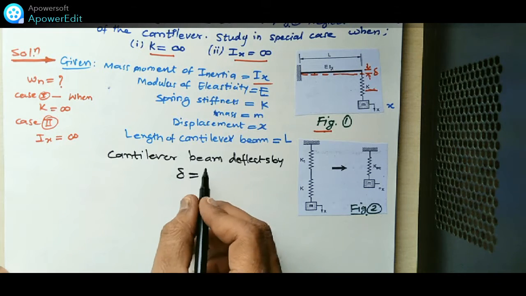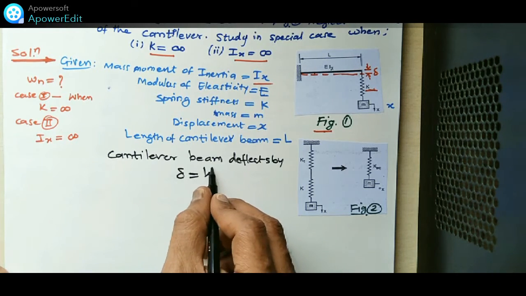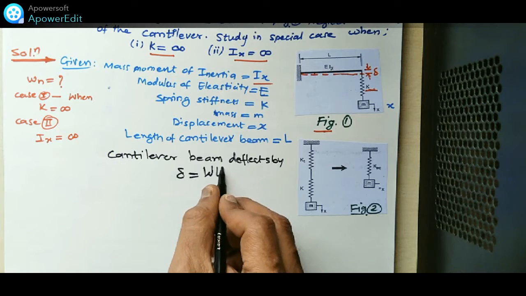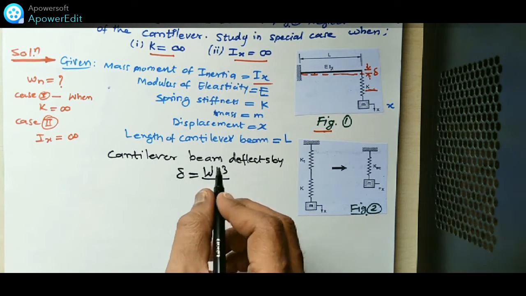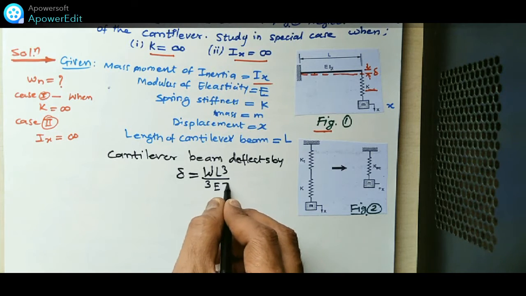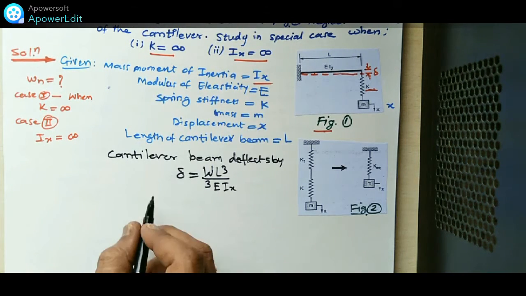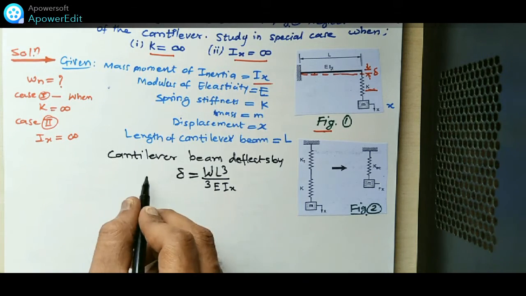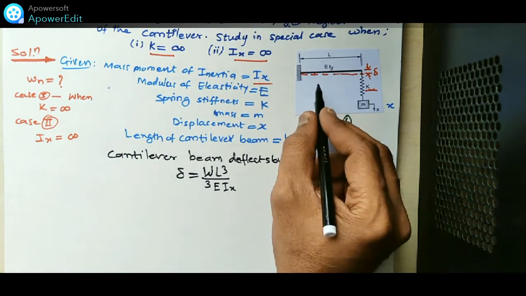This you have already studied in strength of materials. The value of the deflection delta is W L cube in the numerator, and in the denominator 3 E Ix. This is the deflection of this beam.